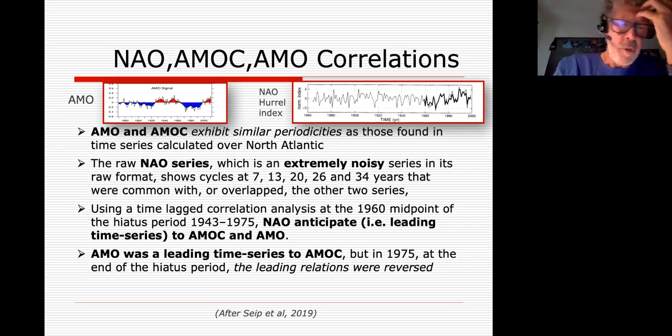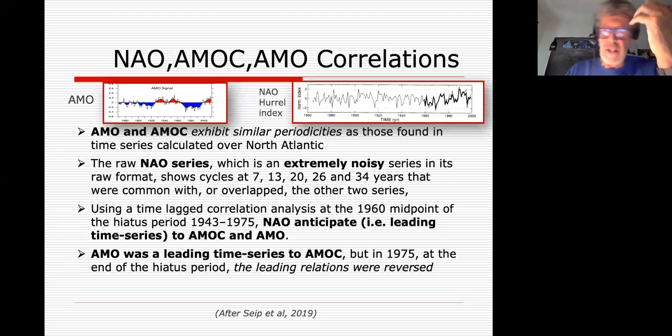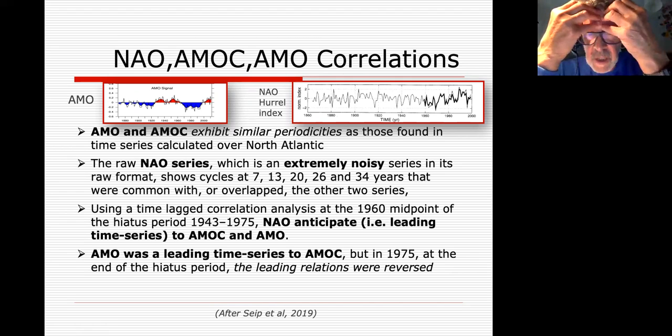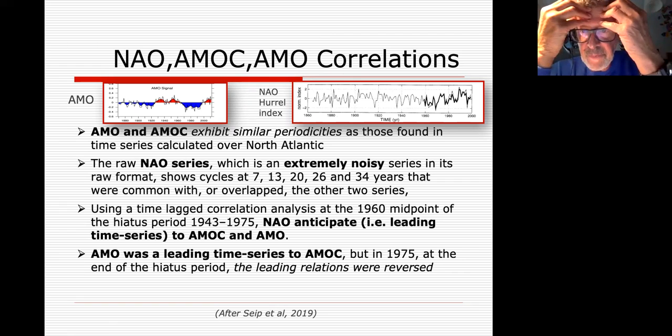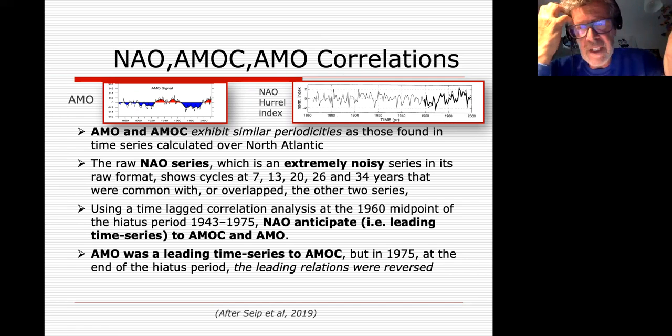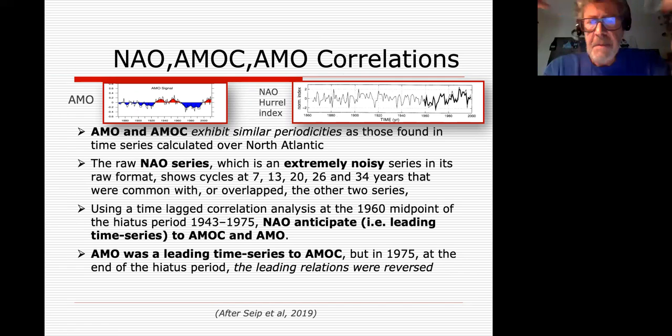And for what regards now the NAO index, which is the typical way to characterize the conditions in the northern hemisphere of the Atlantic, you see that there's no specific periodicity or evidence here, and it's extremely noisy.